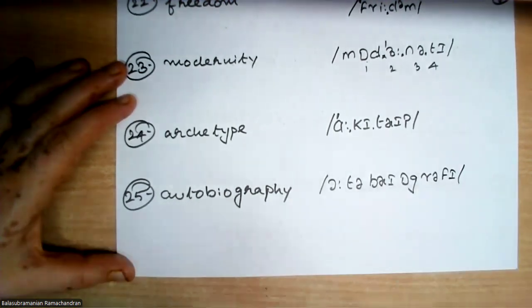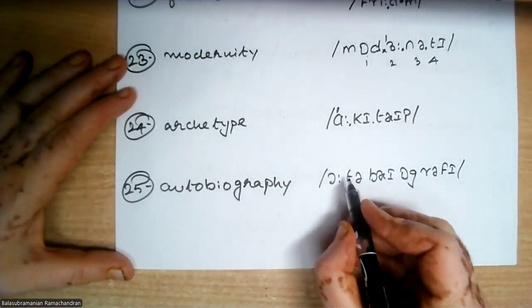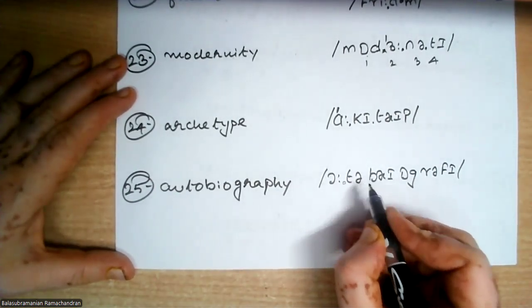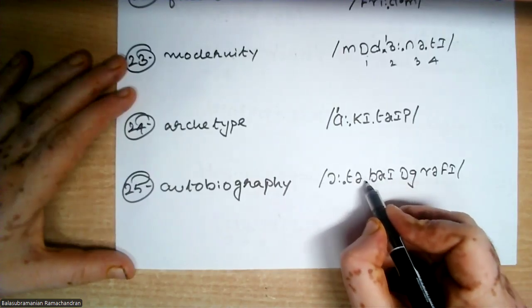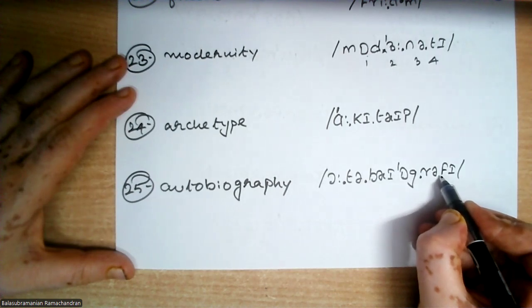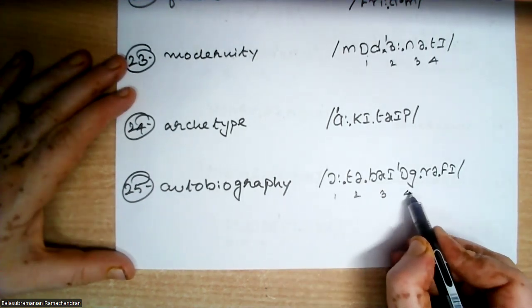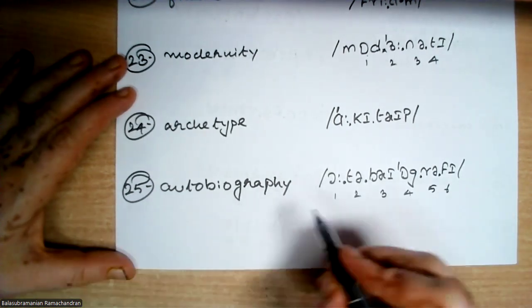Autobiography. Look at the syllable division. How many syllables? 1, 2, 3, 4, 5, 6.